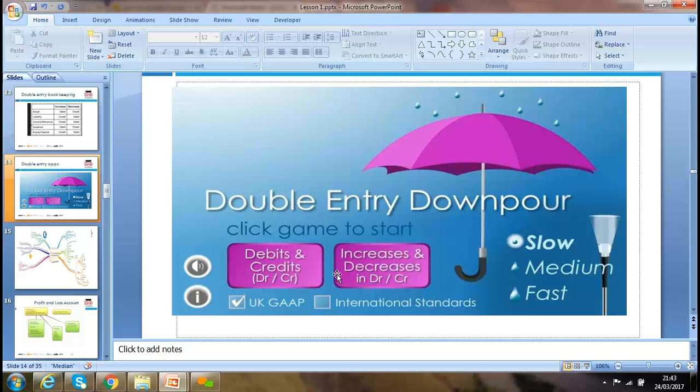To enhance the understanding of double entry, we don't need to be a qualified accountant, but we want to know the rules behind it. So please try to download the game. That will help you.